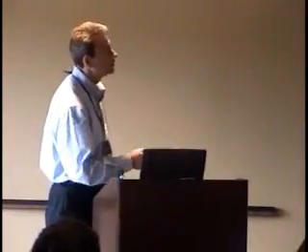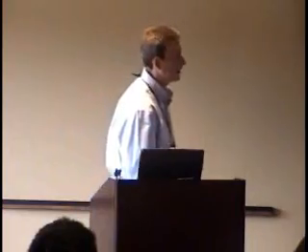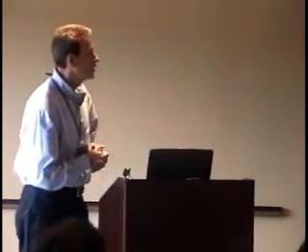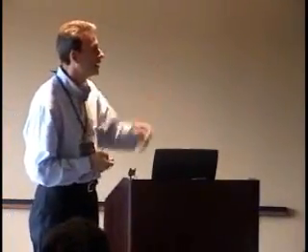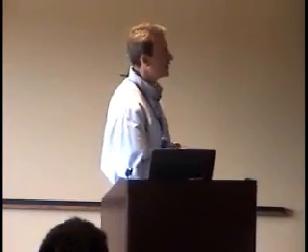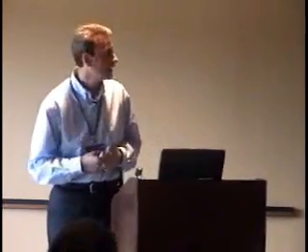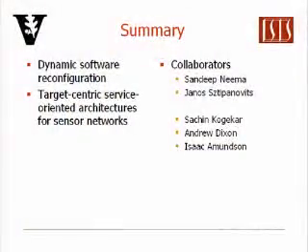Since there is a lot of legacy code here, we decided to use J2EE for the service part. So we wrap all this code in J2EE code, which provides a lot of the things that we need, like transport protocol, all the XML stuff, and also a distributed discovery service.